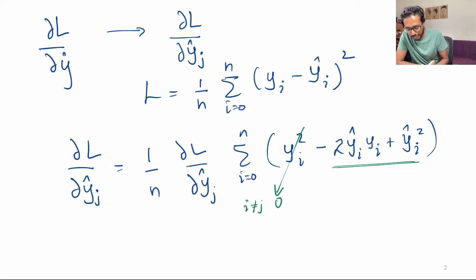So whenever i is not equal to j, this part also goes to 0, and when i is equal to j, this part will be 2 yj.